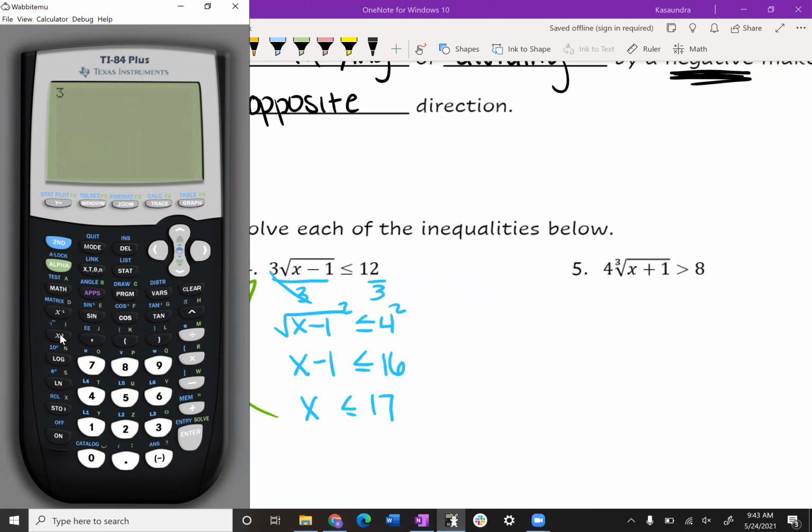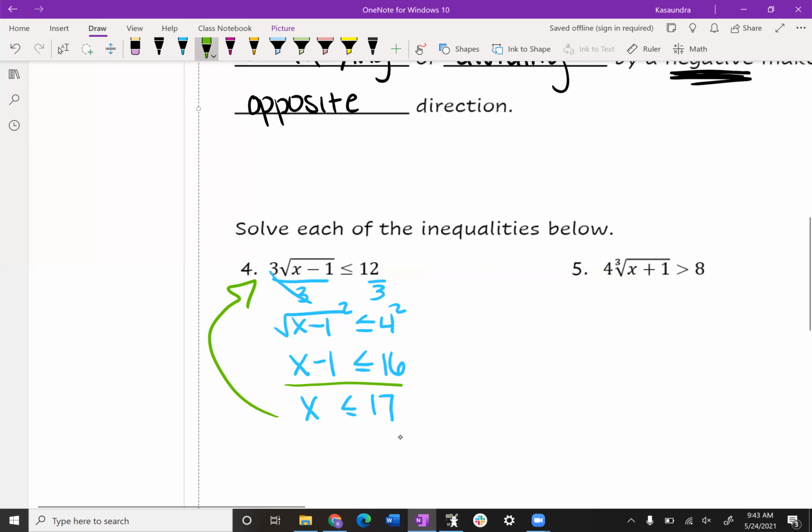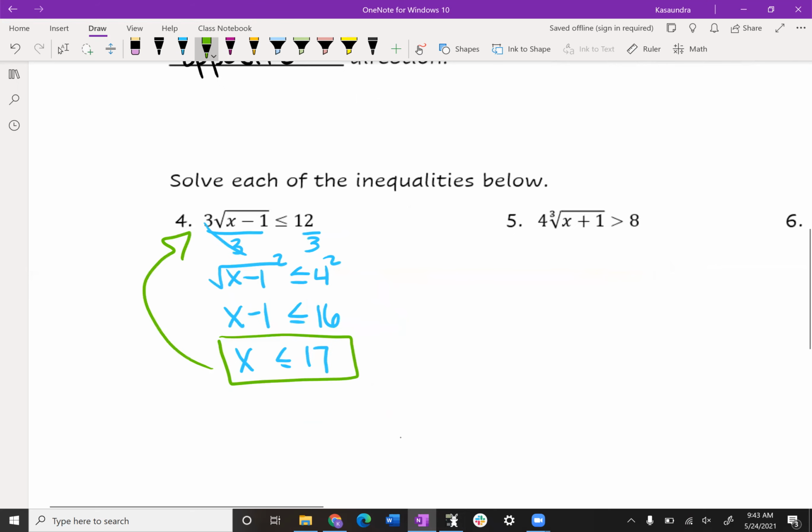So if I do a 10 minus 1 in there, so the left side of the equation, this should be less than or equal to 12. Let's see if this is less than or equal to, that gave me a 9. So 9 is less than 12. So that means that they checked our answer here. And I found just one number in that category that works, but it kind of is a good sign that I got the answer right.